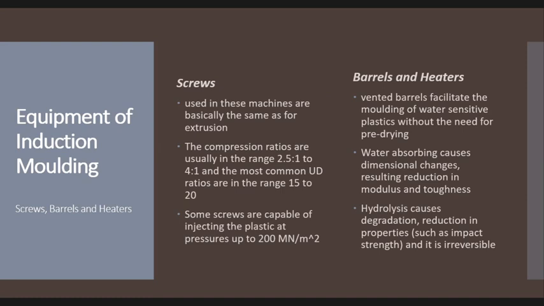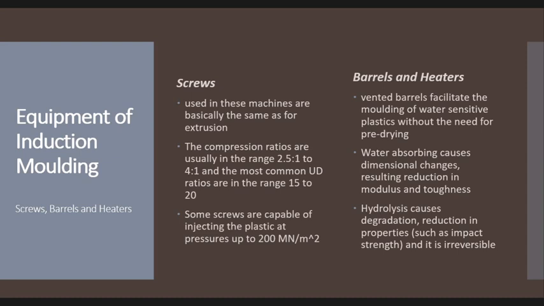And next we have the barrels and heaters, which is basically the container that will contain the polymer that we are going to mold. The vented barrels facilitate molding of water-sensitive plastics without any pre-drying.